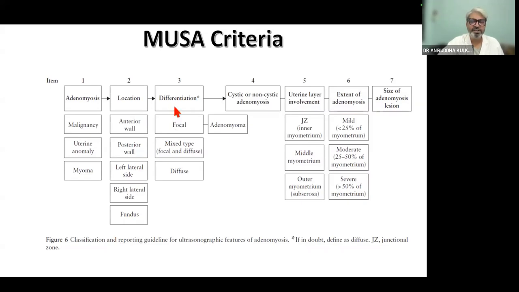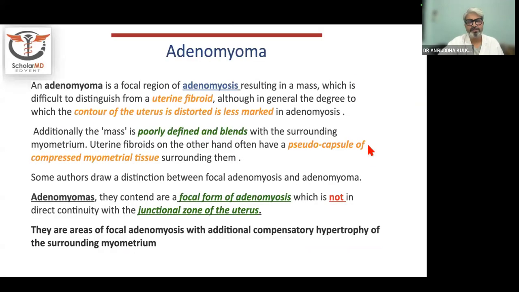In terms of differentiation, we have decided that we will be looking at only sagittal scans. Cystic, non-cystic variant, uterine layer involvement: layer 1, layer 2, layer 3, and subjective assessment of the extent of the disease. An important criterion is adenomyoma, which is a focal region of adenomyosis and needs to be differentiated from uterine fibroid.